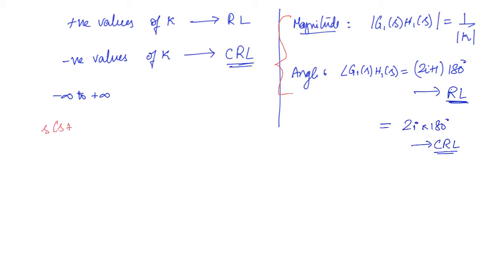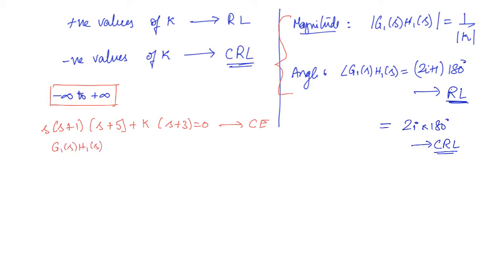s into (s plus 1) into (s plus 5) plus k into (s plus 3) is equal to 0. This is the given characteristic equation of a control system. And now we have to find out the root locus for k varying from -infinity to +infinity. So what is the first step? We first have to find out g1 of s into h1 of s.